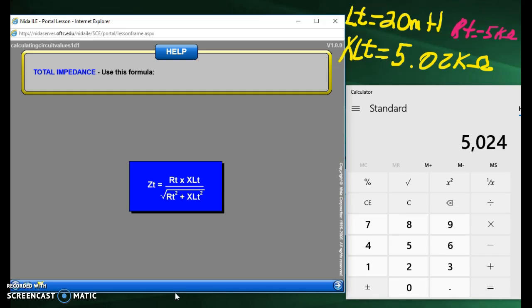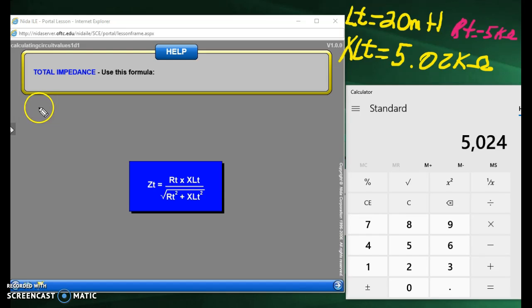So now we got a total impedance, and this is ZT, and this is this great formula right here. We've got it written up here, so since I've got plenty of blank space, I'm going to utilize it before we go back to our other.